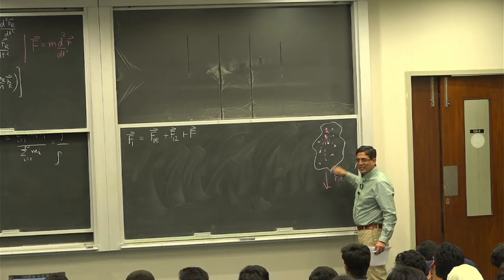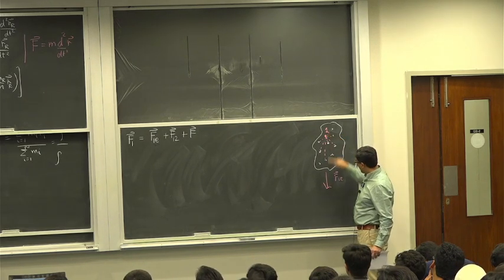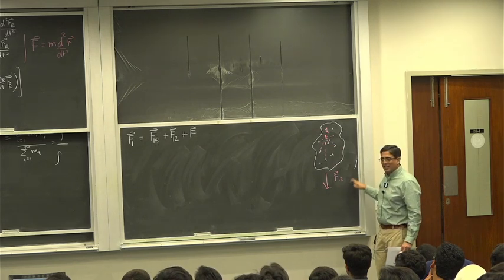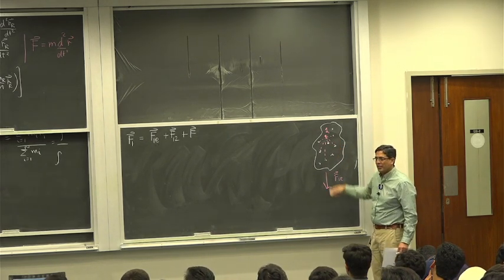So I'm writing the sum of all the forces acting on particle 1. I have lumped all the external forces together as one force, and now I'm writing the internal forces one by one.